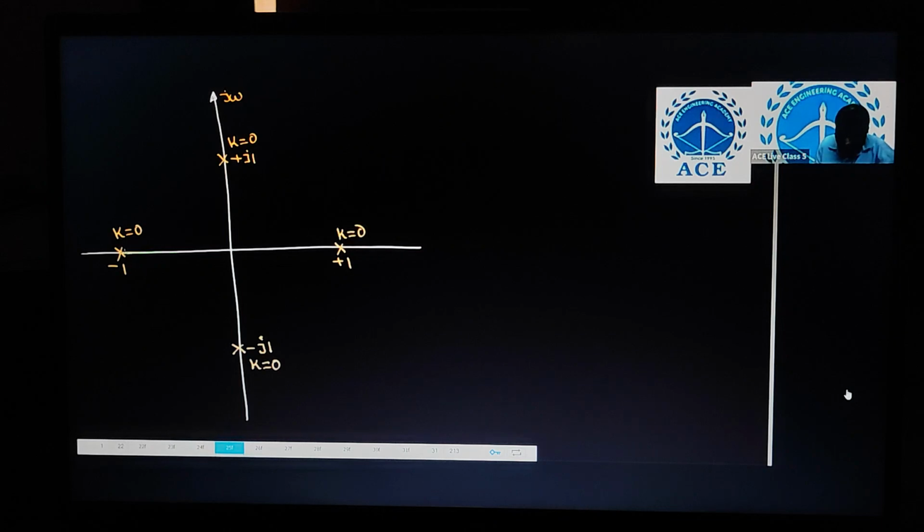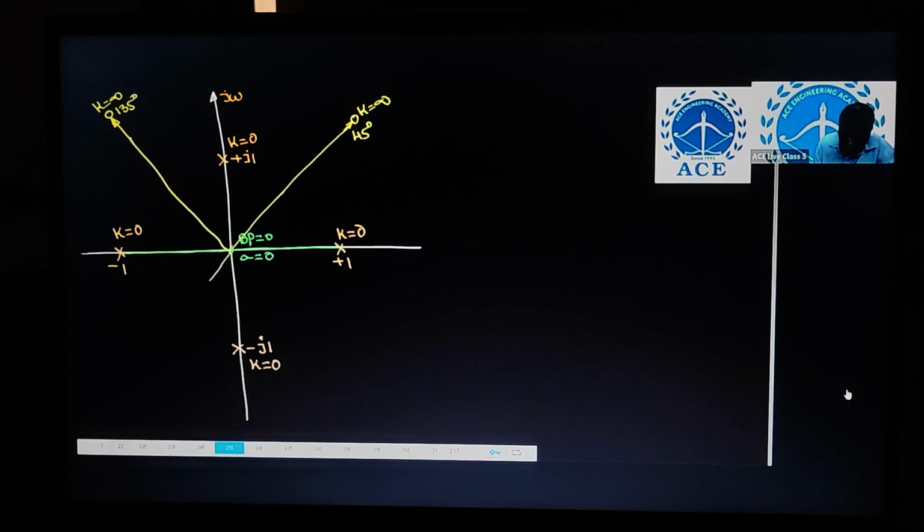Here there exists a root locus branch. Then break point 0, centroid 0, angle of asymptotes: one is 45 degrees, another 135 degrees, another 225 degrees, another 315 degrees.